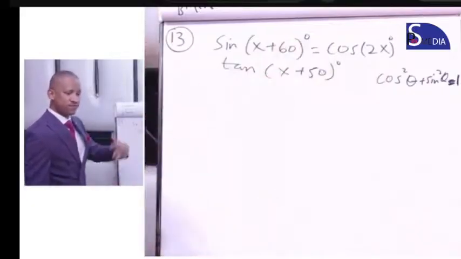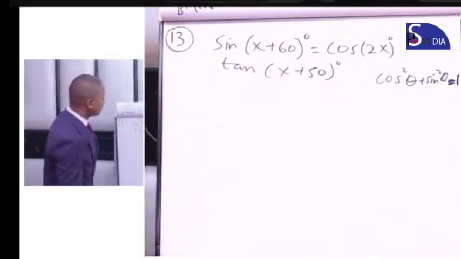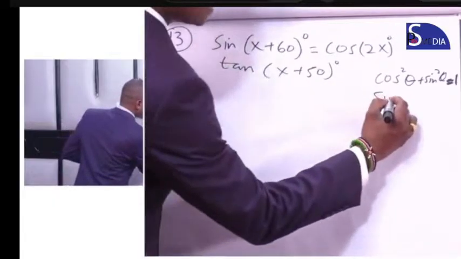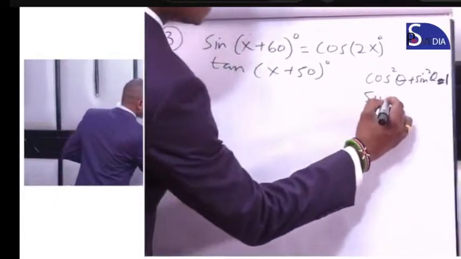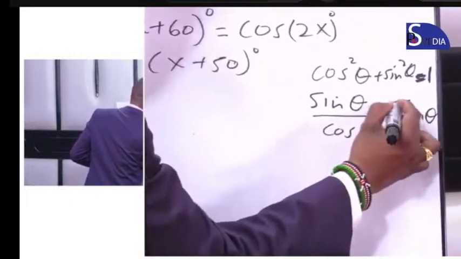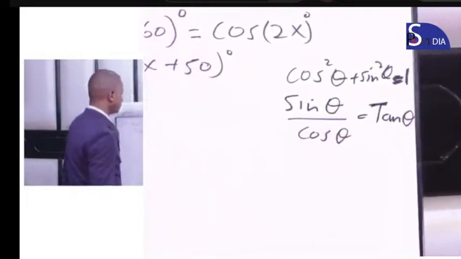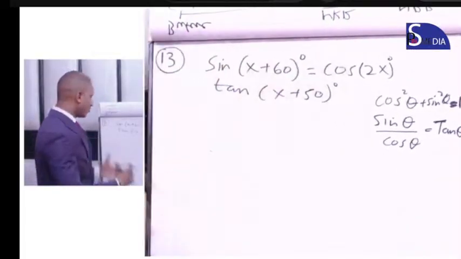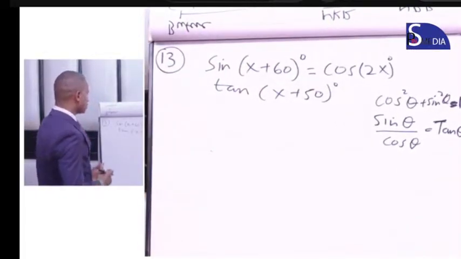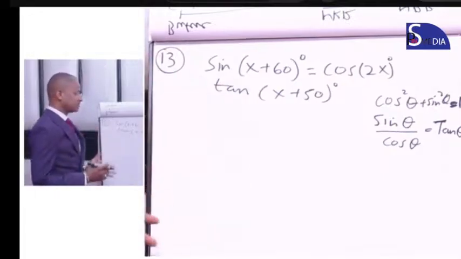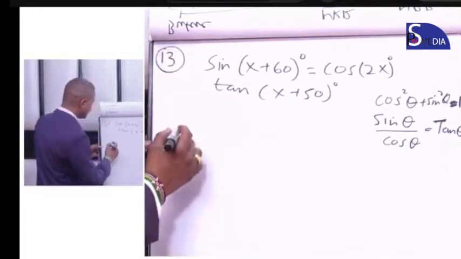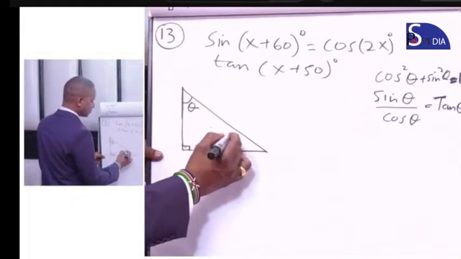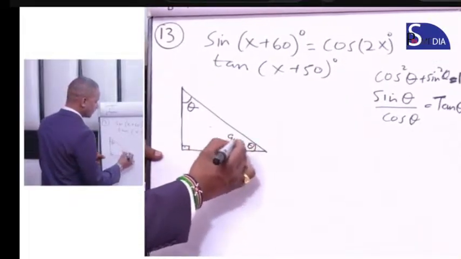Then we also have another rule that states that sine theta over cos theta equals tan theta. This is also another rule. Let us work out the identity triangles that we have. So the first identity triangle is this, and this is 90 minus theta degrees.